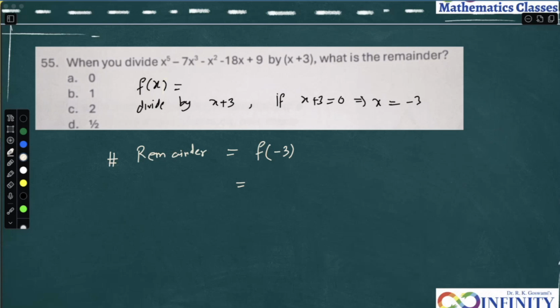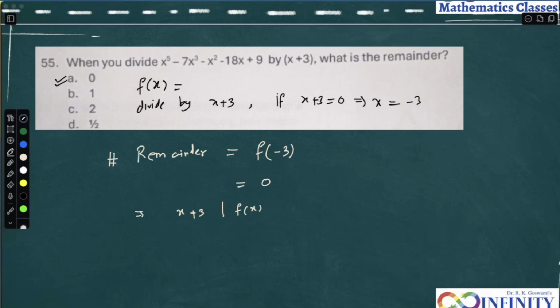I got 0. You got 0. Yeah. Whenever the remainder is going to be 0, that means this linear term x plus 3 divides the polynomial completely. Okay, so if there is no calculation error, I'm counting on you, it is going to be 0. Thank you, sir.